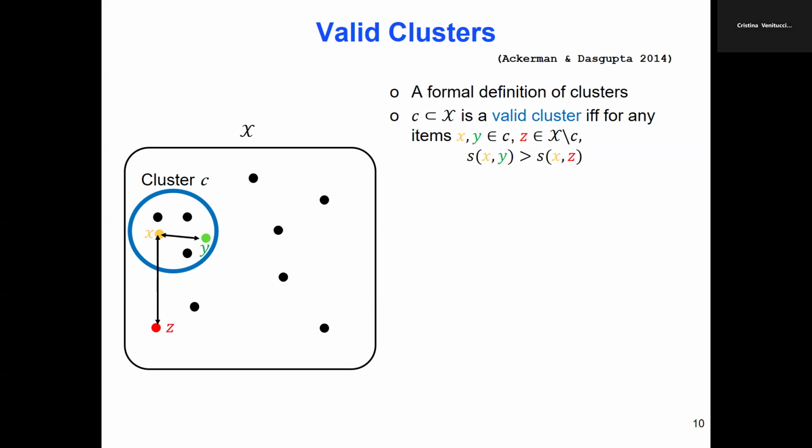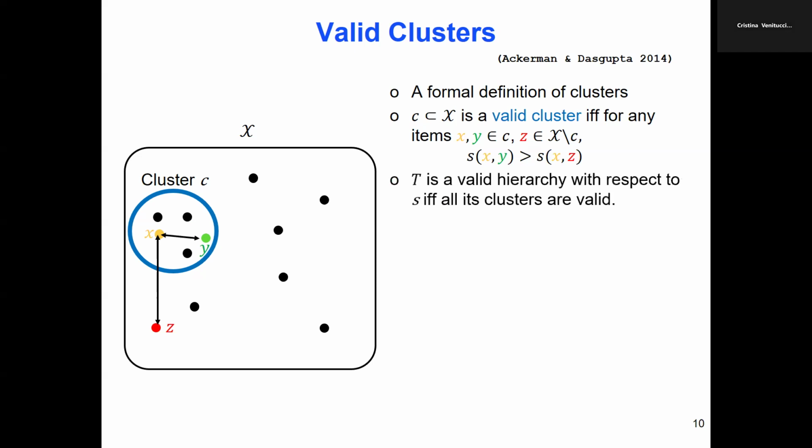Essentially, you declare a cluster to be valid if, within the cluster, like the blue circle that I have just here, the similarity between all pairs of objects within the cluster is larger than the similarity with an object outside the cluster. This is the rule I'm going to put forward for declaring that a cluster is valid. If a cluster has this property, then indeed it's a valid cluster according to my similarity function, S.